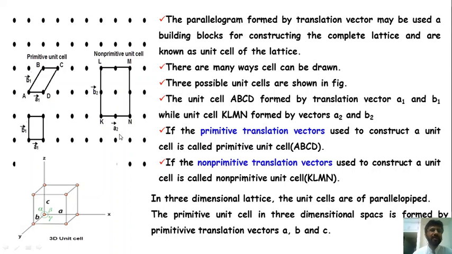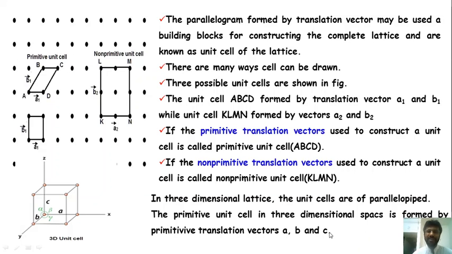In this figure we can see that there is one lattice point at the center, and due to that we can say that A2 and B2 are known as the non-primitive translation vectors. The non-primitive translation vectors used to construct the unit cell give the non-primitive unit cell. Therefore, KLMN is known as the non-primitive type of unit cell.